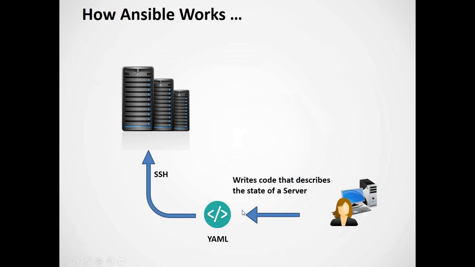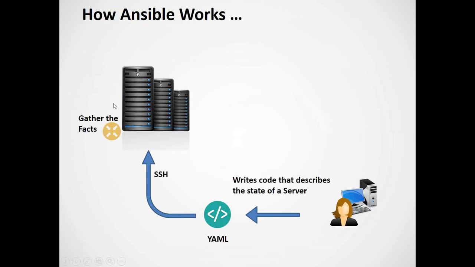When you run Ansible, it will try to SSH to all the machines that you have defined under Ansible, and to each of them it will take the specific code that you have written. First it will gather all the information on that machine.